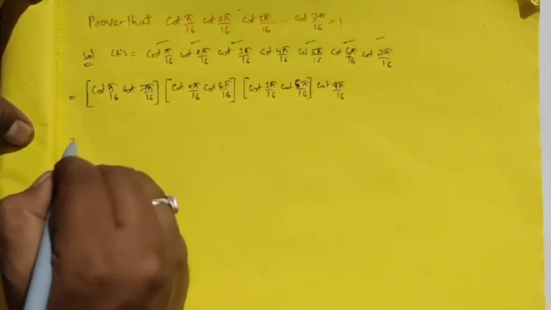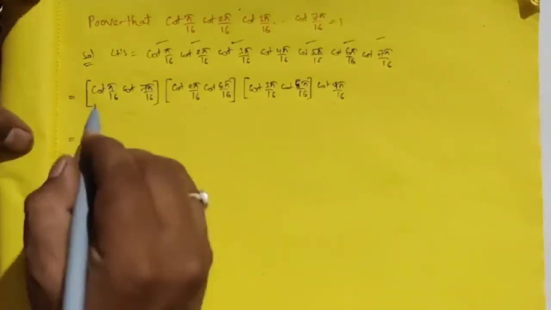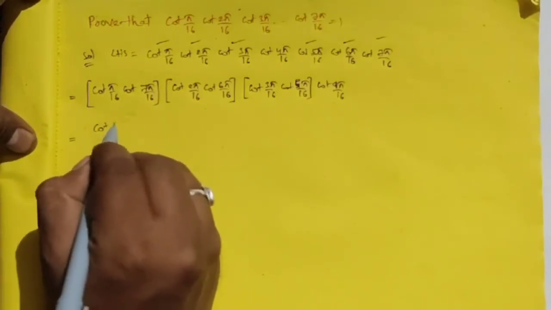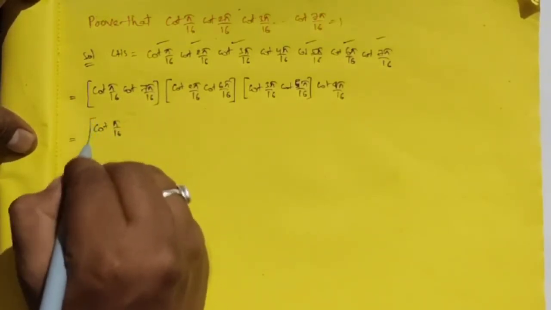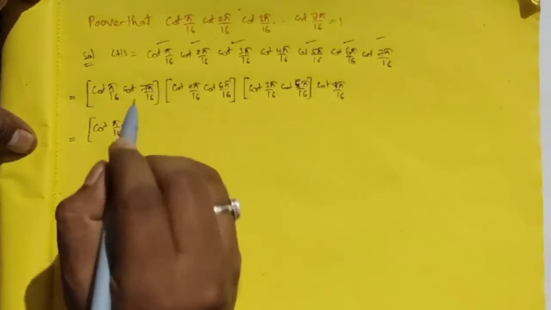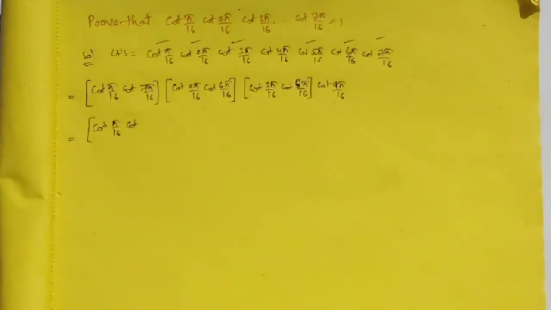So now you can use this: cot of pi by 16, and you should write cot of 7 pi by 16 like this.